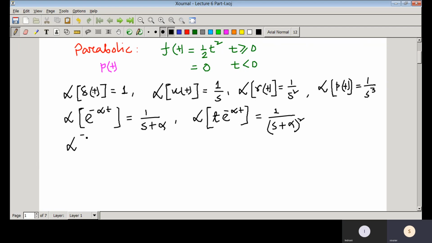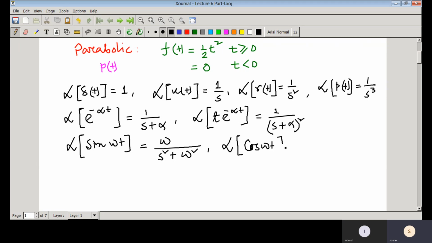Similarly, the Laplace transform of the sinusoidal signal sin omega t, with angular velocity omega, is omega by s square plus omega square. You can find all of those transformations in signals and networks books or any standard control systems books. Then the Laplace transform of cos omega t is s by s square plus omega square.